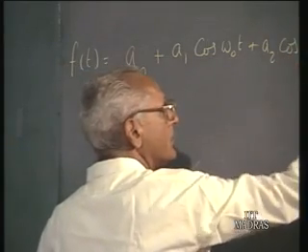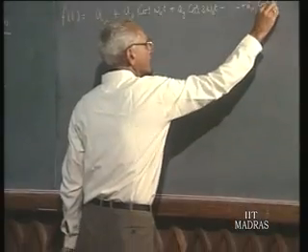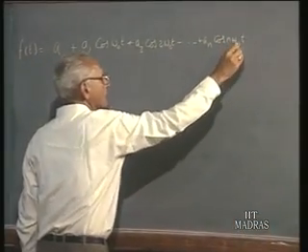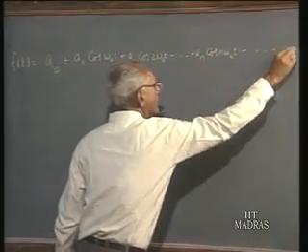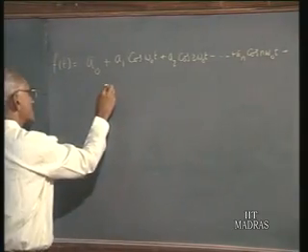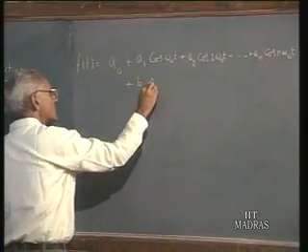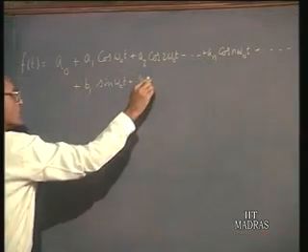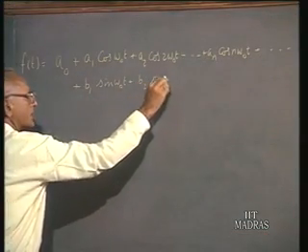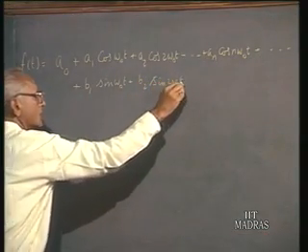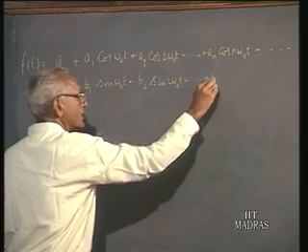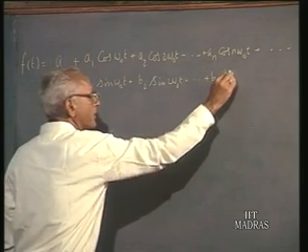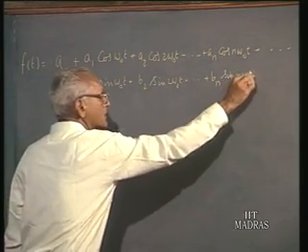A general term will be an cos n omega naught t, and so on up to an infinite number of terms, plus sine terms: b1 sin omega naught t, b2 sin 2 omega naught t, a general term bn sin n omega naught t, etc.